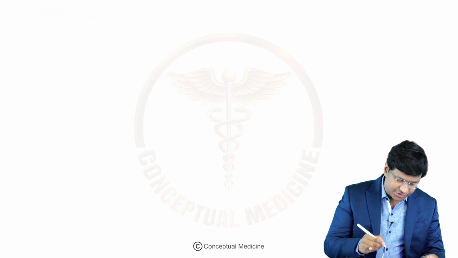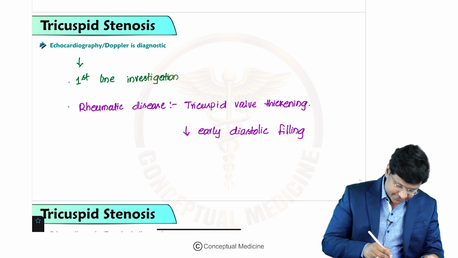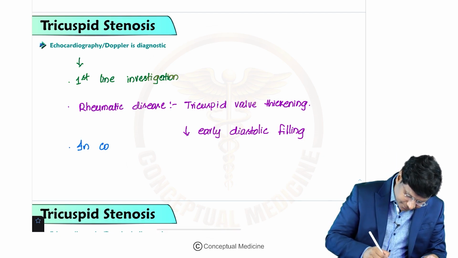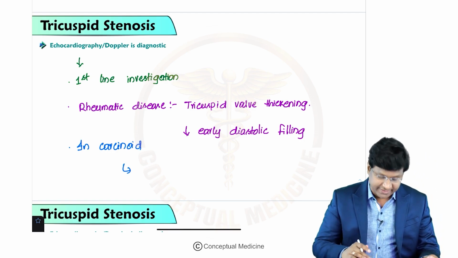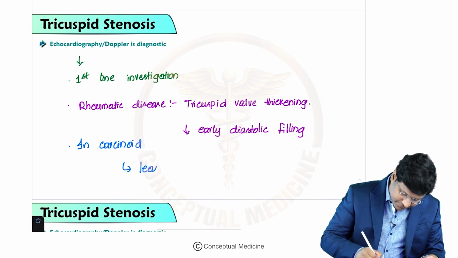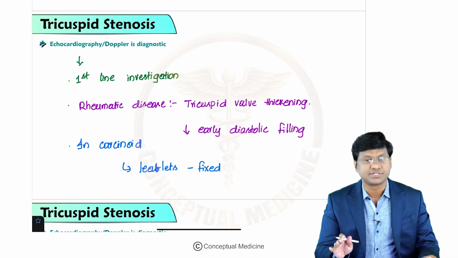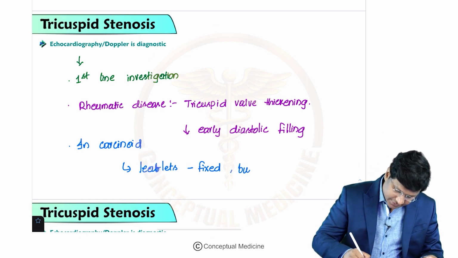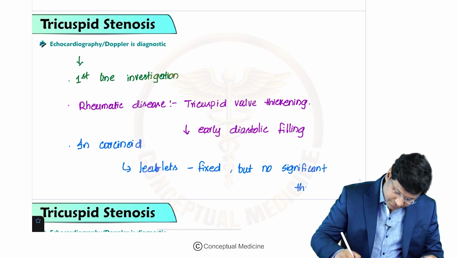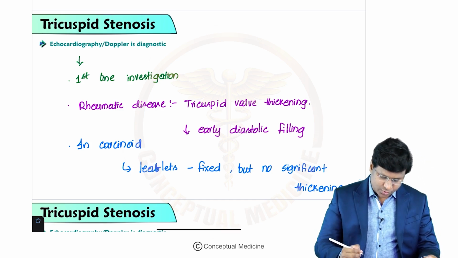Whereas, if the etiology of tricuspid stenosis is carcinoid, in carcinoid syndrome, the abnormality of the tricuspid valve that you will observe is that the leaflets are fixed, but there is no significant thickening.